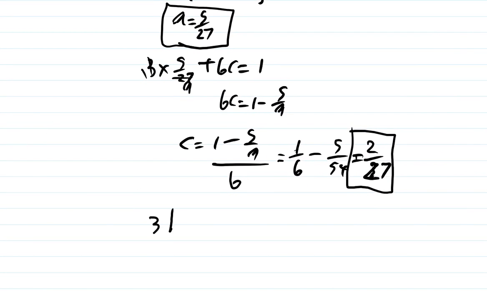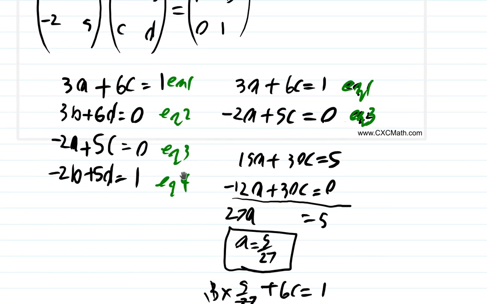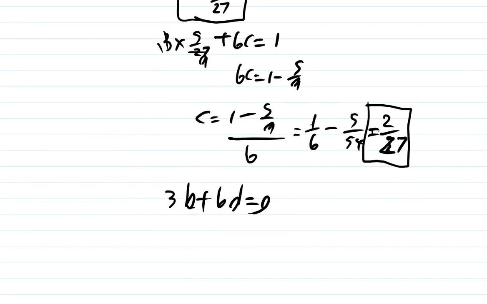And then we have negative 2B plus 5D equals 1.